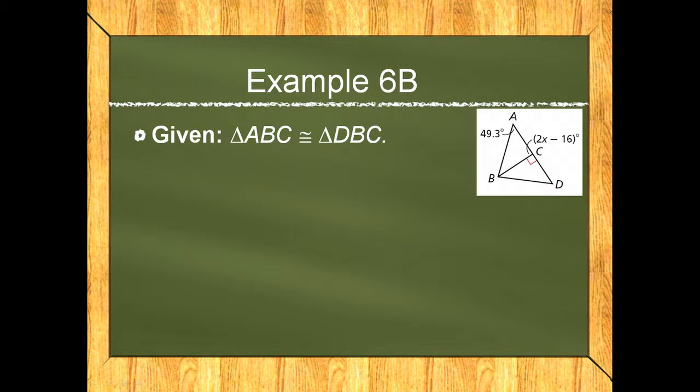Given that triangle ABC is congruent to triangle DBC, find the measure of angle DBC. Well, we know that the measure of ABC plus the measure of BCA plus the measure of A equals 180 degrees from the Triangle Sum Theorem.